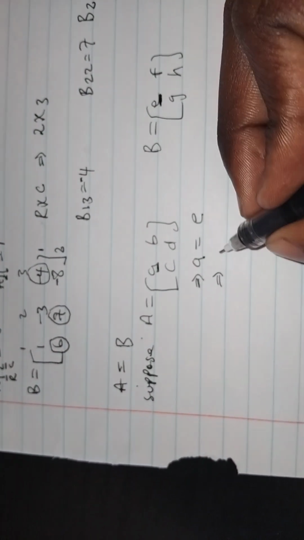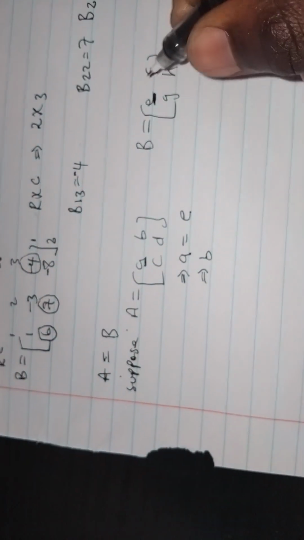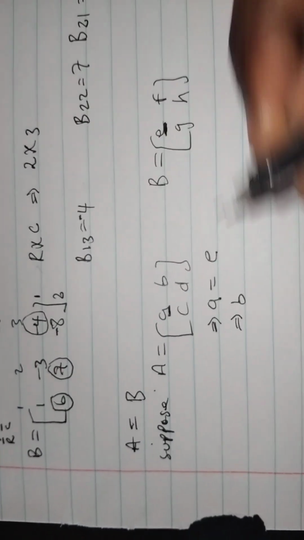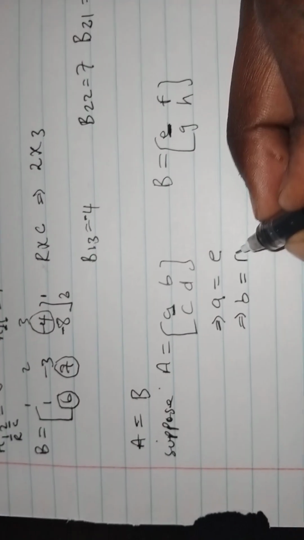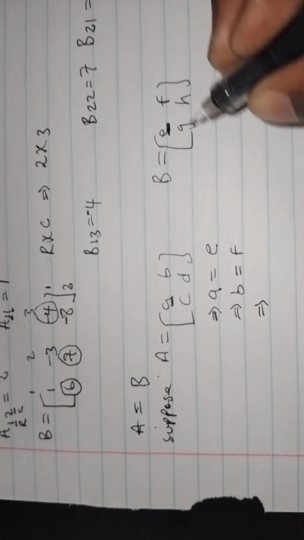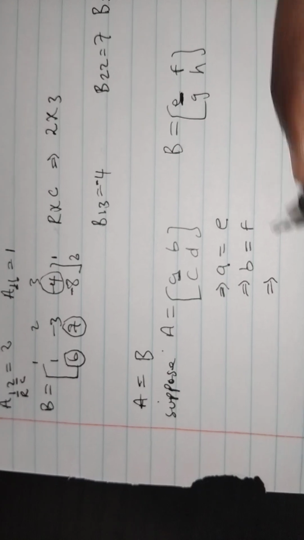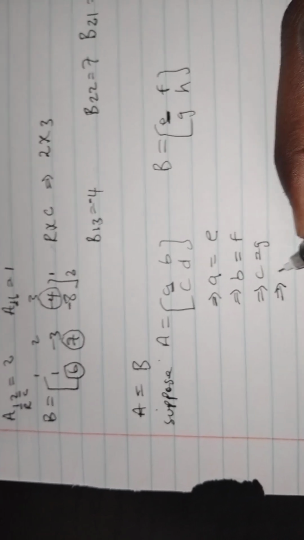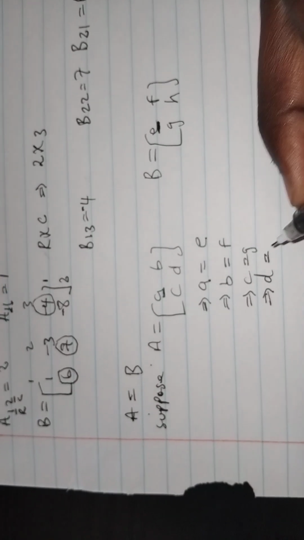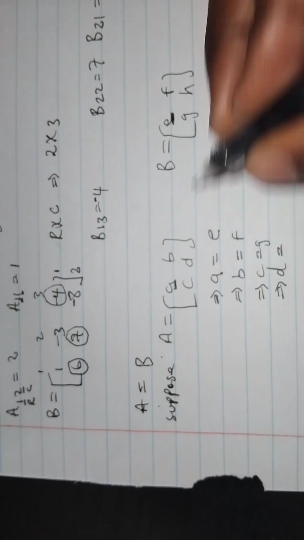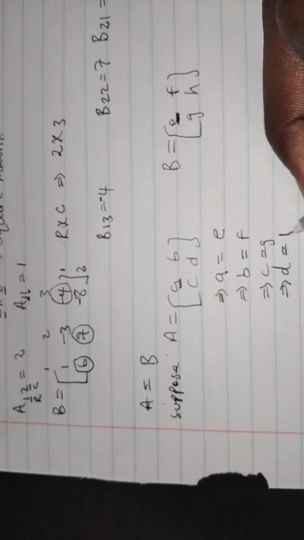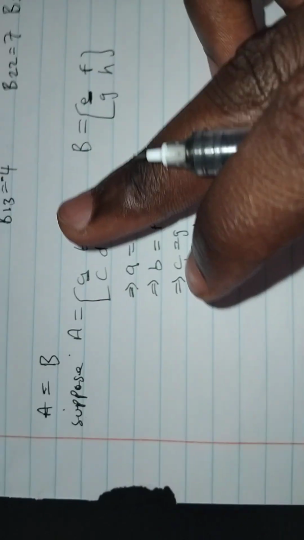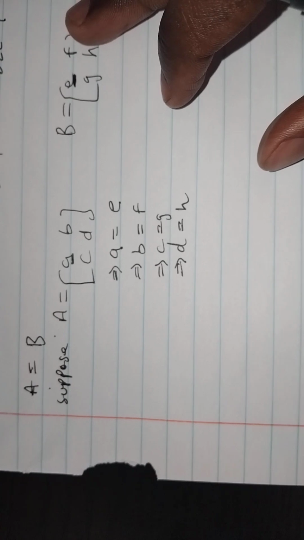It also implies that B should be equal to F, and C should be equal to G, and also D should be equal to H. So the corresponding entries must be equal, okay?